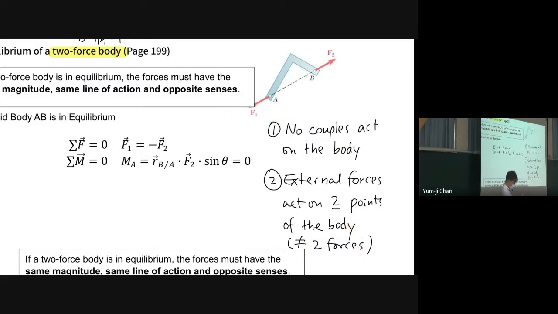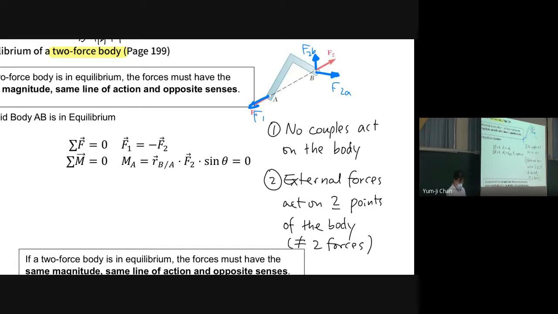For example, we have F1 here, F2A and F2B. We have 3 forces acting on a body, but these forces act on 2 points of the body because F2A and F2B both act on point B.